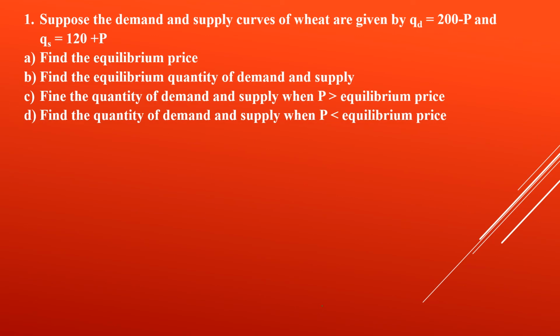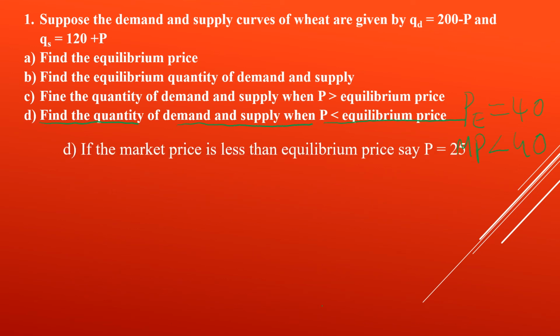Now, suppose you need to find the quantity demanded and supplied when price is less than equilibrium price. Equilibrium price is equal to 40 and the market price should be less than 40. Let us assume the market price is 25 rupees.